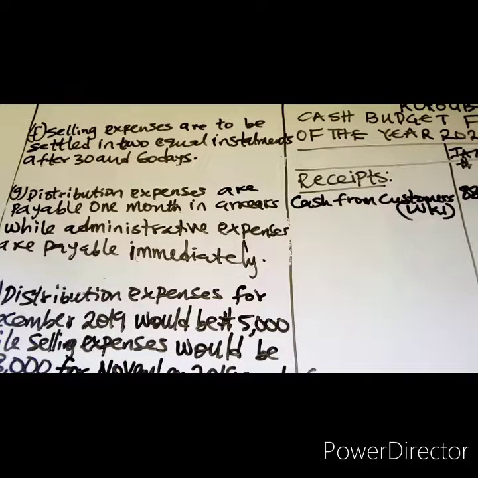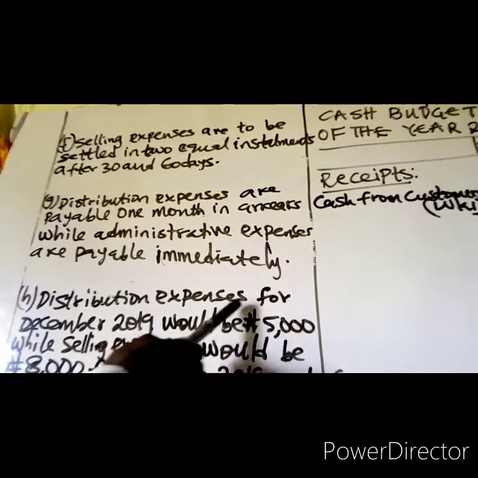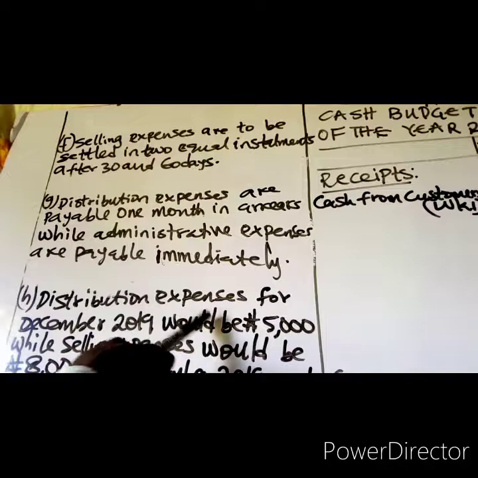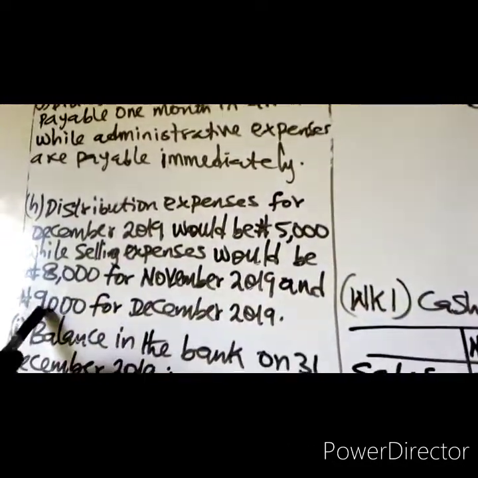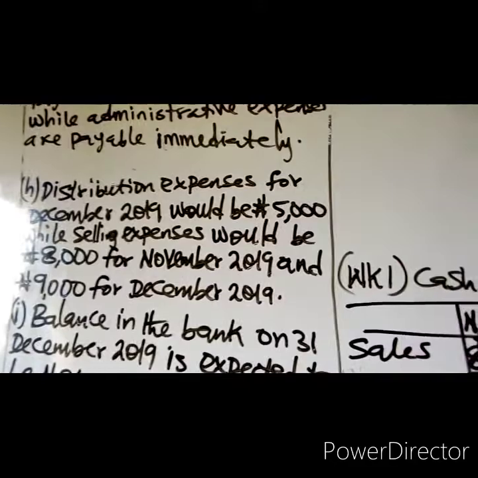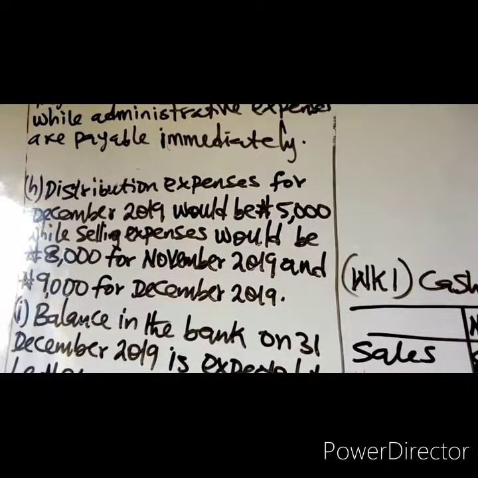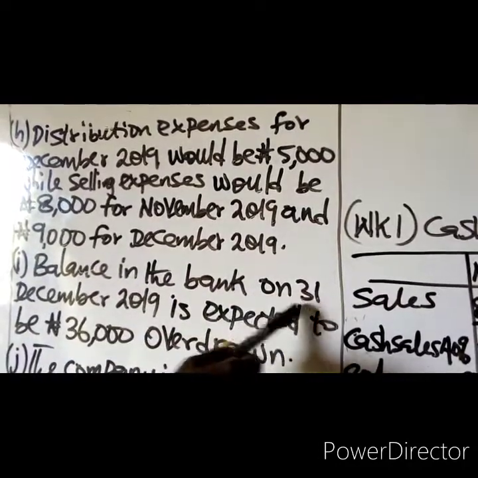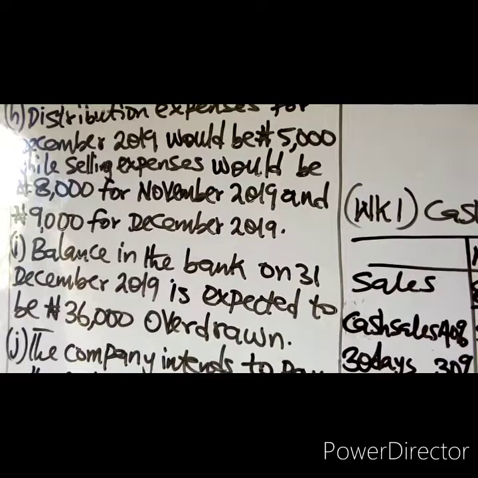So note H. Distribution expenses for December 2019 will be 5,000 naira, while selling expenses will be 8,000 naira for November 2019 and 9,000 for December 2019. That have to do with payment as well. Balance in the bank on December 2019 is expected to be 36,000 overdrawn.